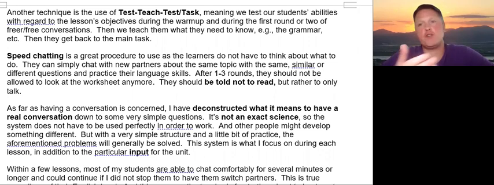And after each round, they change partners and repeat the process, new partners, new conversations. In between rounds, you, the teacher, can give them feedback or go over the grammar or pronunciation or whatever. And eventually, if they do 5 or 6 rounds, maybe after the second or third, they should be told not to read their worksheet or whatever they're reading.